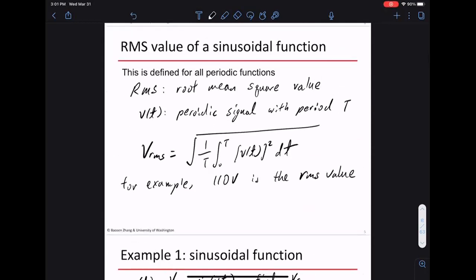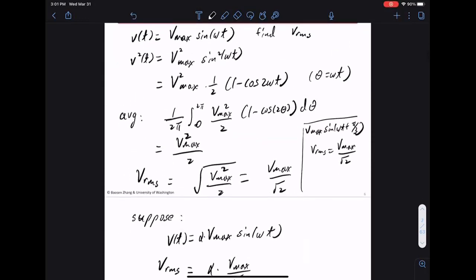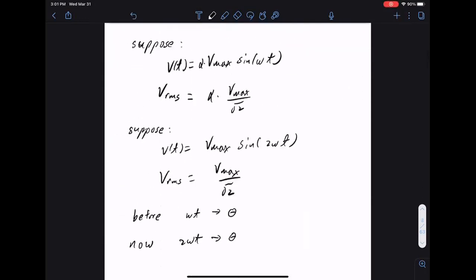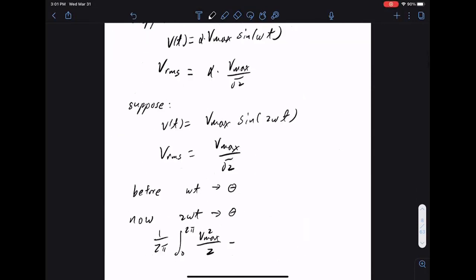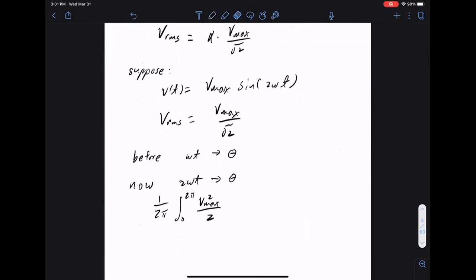If you change the period, this integral changes, that's true if it depended on where you're integrating, but the length of the period changes as well. So this is something that cancels out. Let's do this integral carefully. If you switch to theta, you're always integrating 1 over 2 pi, from 0 to 2 pi, Vmax squared over 2 times 1 minus cosine 2 theta d theta.